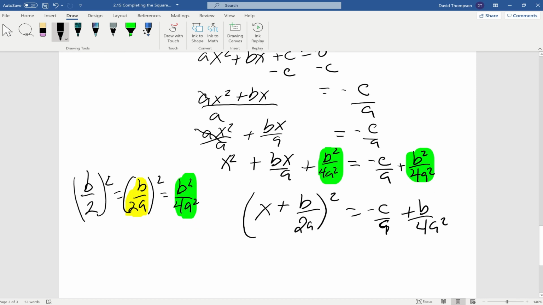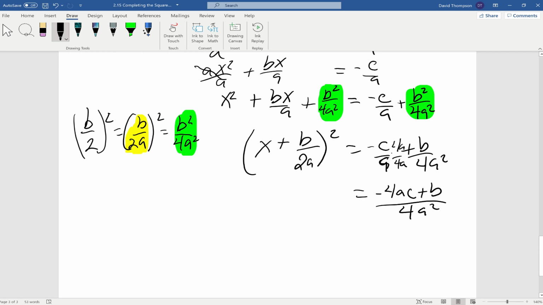Now we can combine like terms if we multiply by a common denominator. So we're going to multiply this by 4a over 4a. So on the right side, we're going to have negative 4ac plus b squared all over 4a squared.